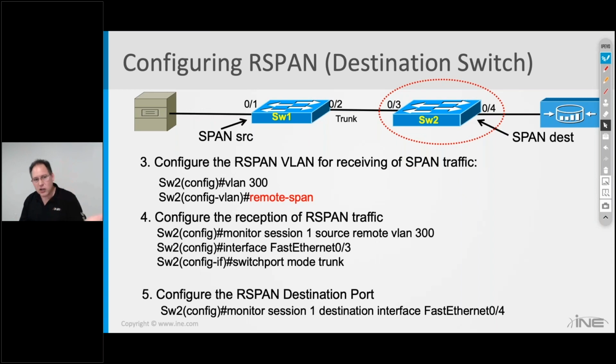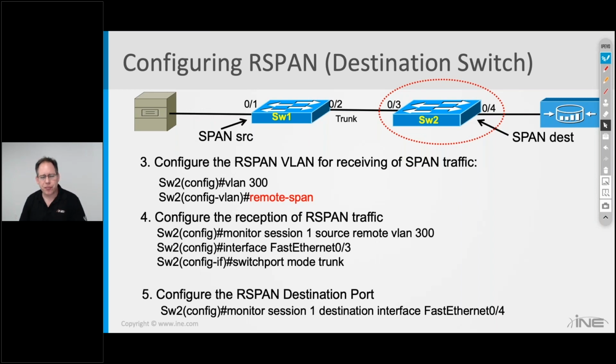And so any normal VLAN trunks that switch 1 has, in this case, we know that a VLAN trunk carries all VLANs by default, which will also include my RSPAN VLAN. So as traffic comes in the SPAN source, it'll be copied into the RSPAN VLAN and then sent out the trunk with that tag. In this case, it would be tagged with .1Q or whatever the trunk is using as VLAN 300.